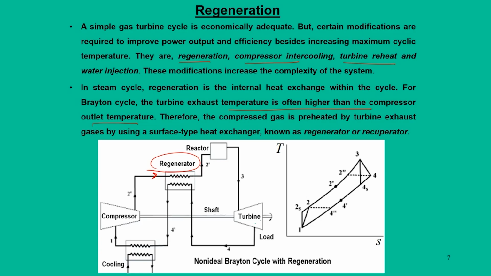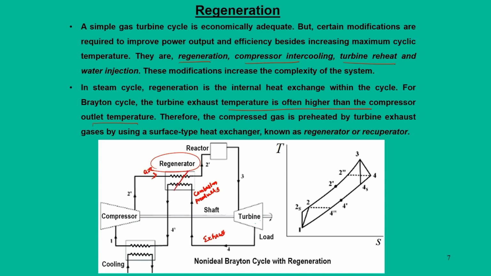But we are using the exhaust from the turbine, that means at state 4 the exhaust from the turbine is getting utilized. So, in this cycle we have these combustion products and in this cycle we have air.